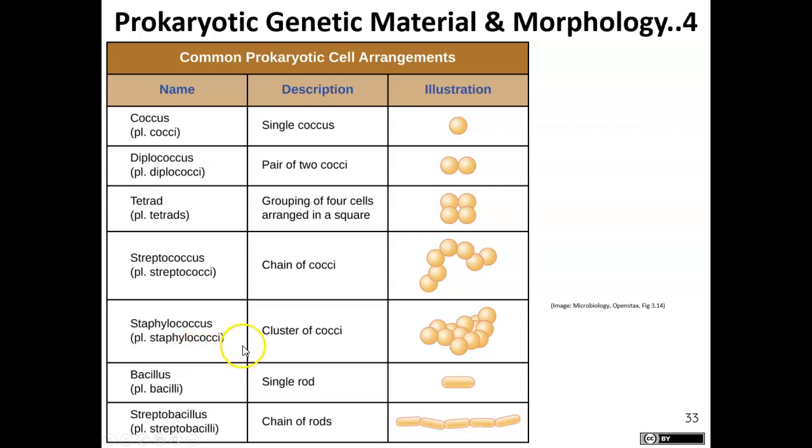If you have a cluster of coccus cells, kind of looks like a group of grapes that are sticking together, this is known as staphylococcus or staphylococci. And then for bacillus, we also have single rod would be just a single bacillus. If you have more than one rod and they are forming a chain, this is known as streptobacilli or streptobacillus.